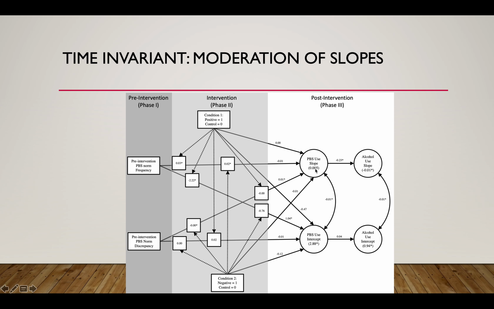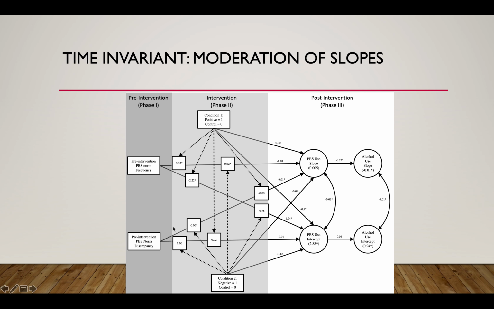So you can see our slope was 0.005. There wasn't a whole lot of slope, but for people with higher PBS norms, we saw a steeper slope across time. Similarly, if your slope tends to go up for PBS use, your alcohol use slope tends to go down. We see a negative association here, right? And overall across time, not that this matters, we saw a decline in alcohol use slope across time.